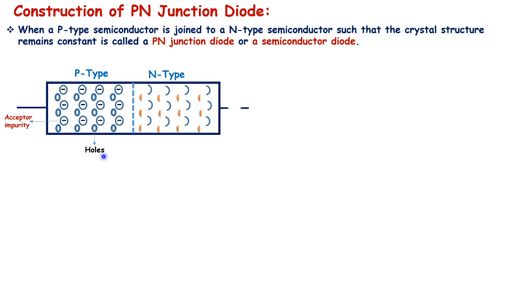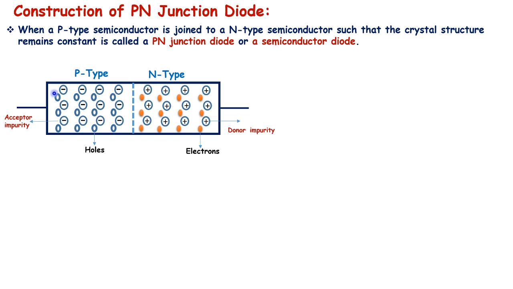Similarly, in n-type semiconductor the electrons are the majority charge carriers, and this impurity is donor impurity. So this is the formation of a PN junction: this is the p-type semiconductor and this one is the n-type semiconductor.